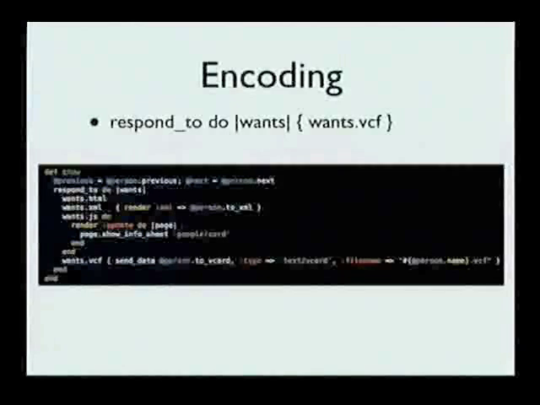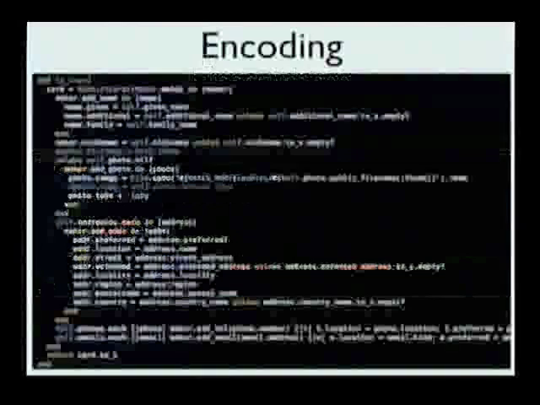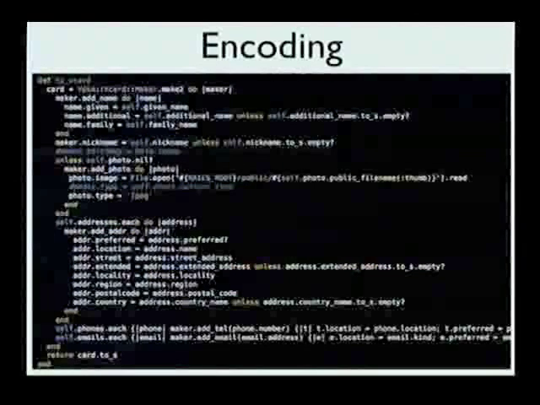And then for the encoding, in the show method, I'm supporting right now XML, JavaScript just shows them in a sheet, and if they ask for .vcf, it sends a vcard file that's created from vpim. And this is the encoding, so it's basically the opposite of the other thing.